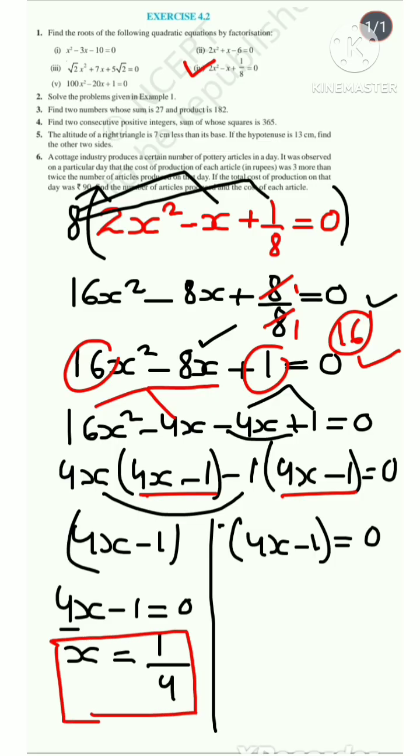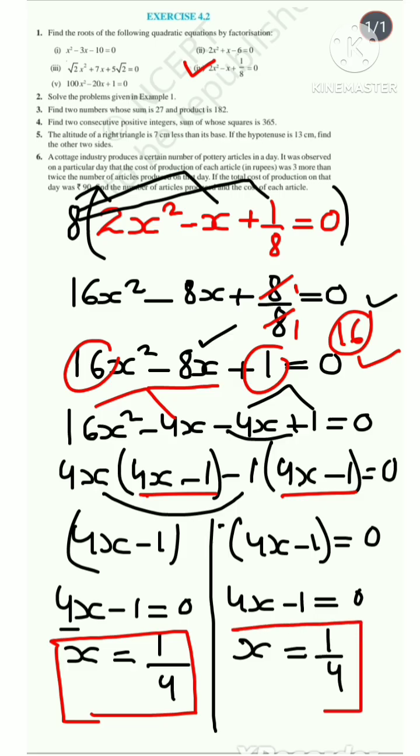Similarly, make 4x minus 1 equal to 0. Again we obtain the value of x as 1 by 4. In this way we have obtained two equal values of x.